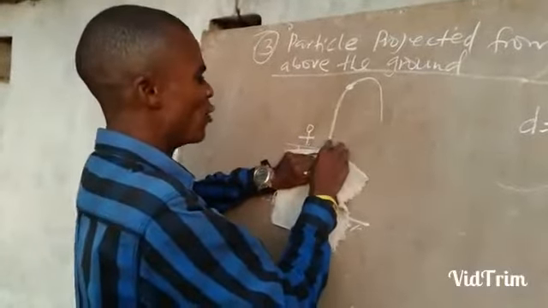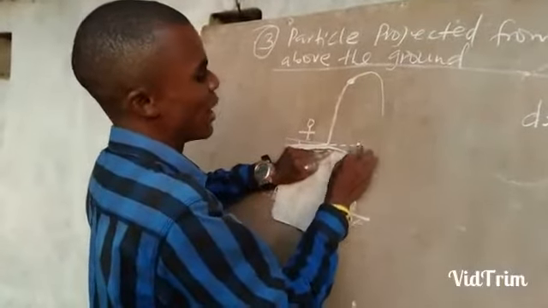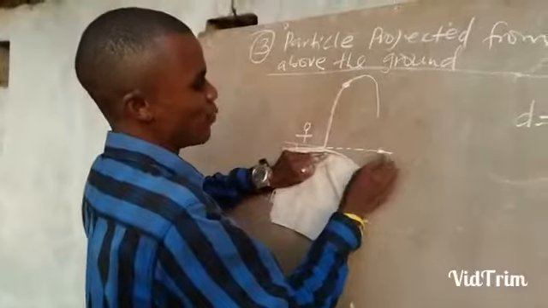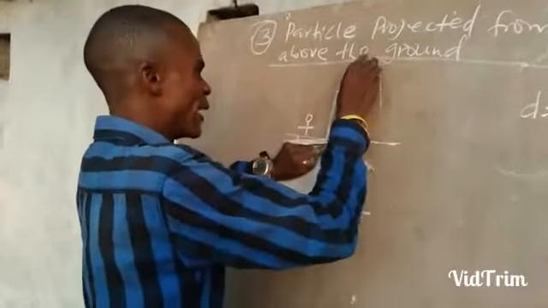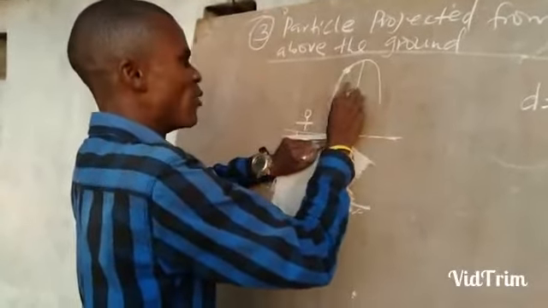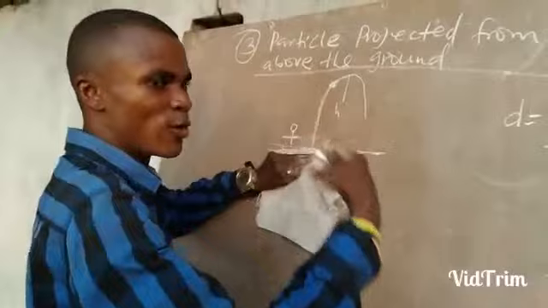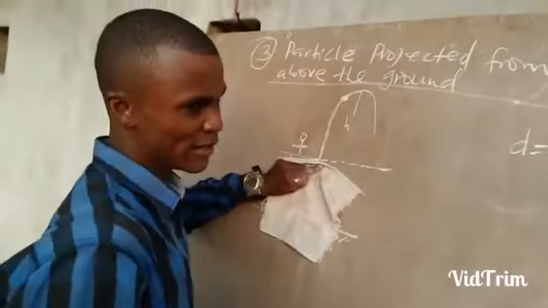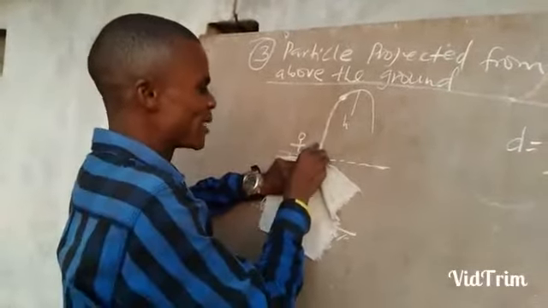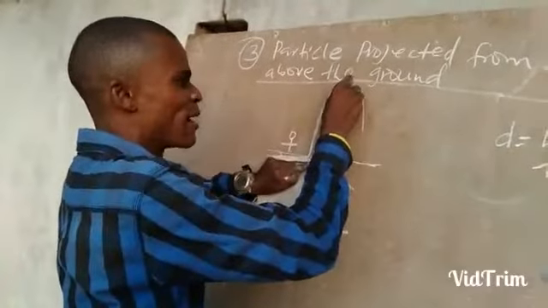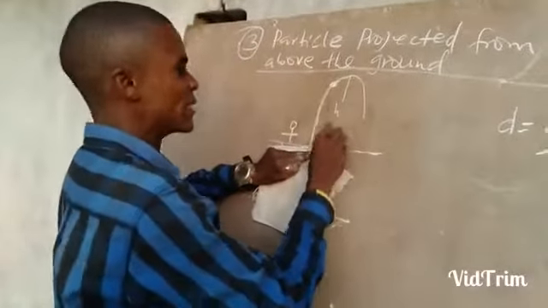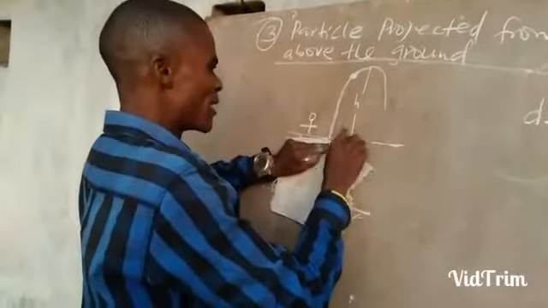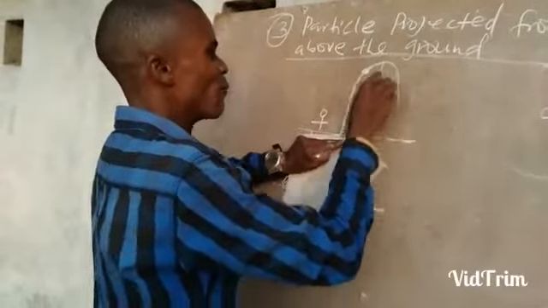And if that is done, we said from this point, the one I am representing by a broken line now, to this highest point here is the maximum height. Wherever the object is projected to where the object stops, that is the maximum height, the highest height obtained. So when this person projects the object, wherever it stops is the maximum height from where the man is. And that is represented by H max here.